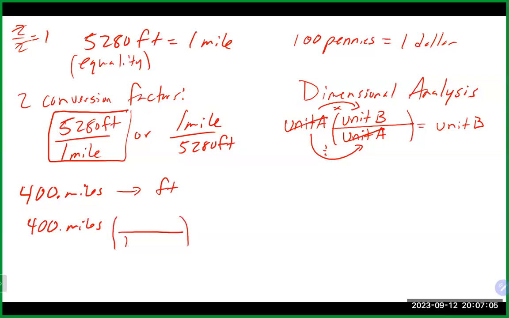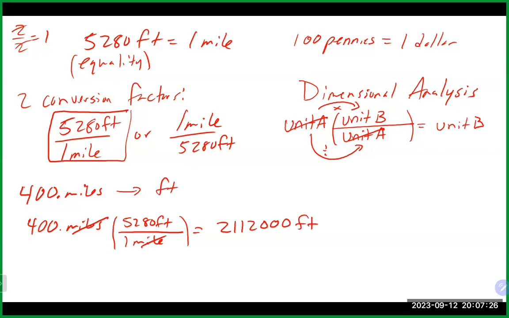So miles are on the bottom and feet are up on top. And miles will cancel. We're going to multiply across the top there. It's going to give us 400 times 5280. Gives us something like 2,112,000 feet in this case.